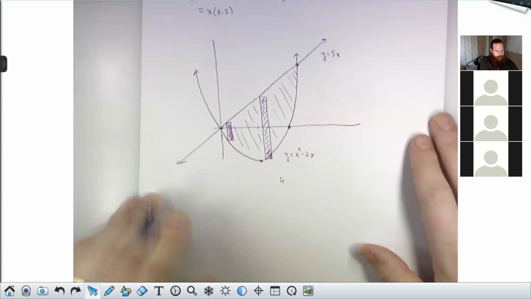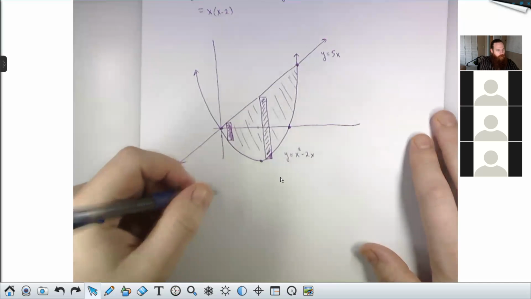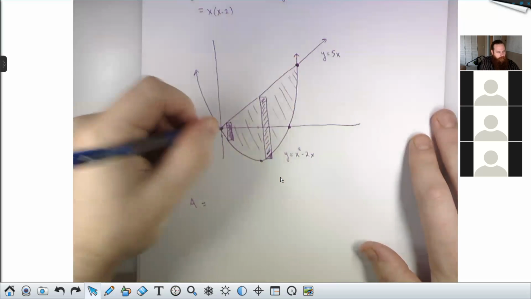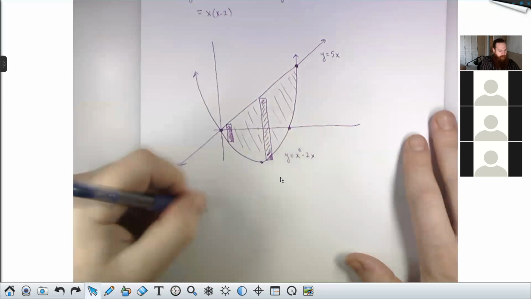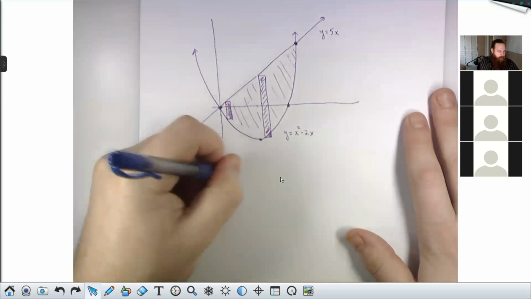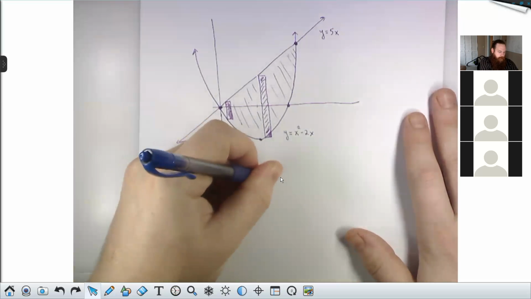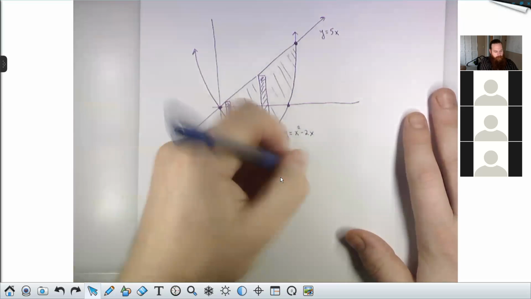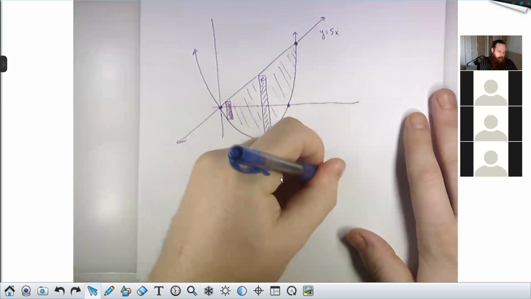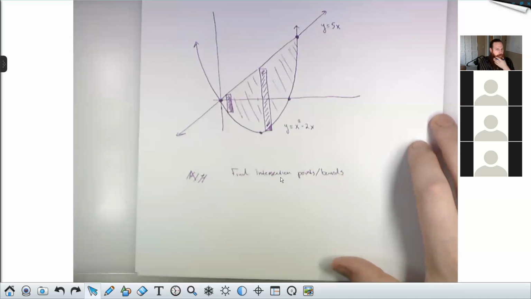So here my area. Well, we still need to do one other thing. We need to find these intersection points. So before I start on the area, I need to find the intersection points, which will be the bounds for our integral.